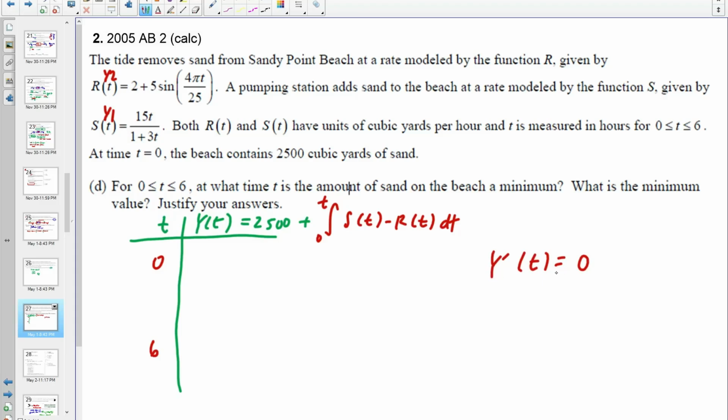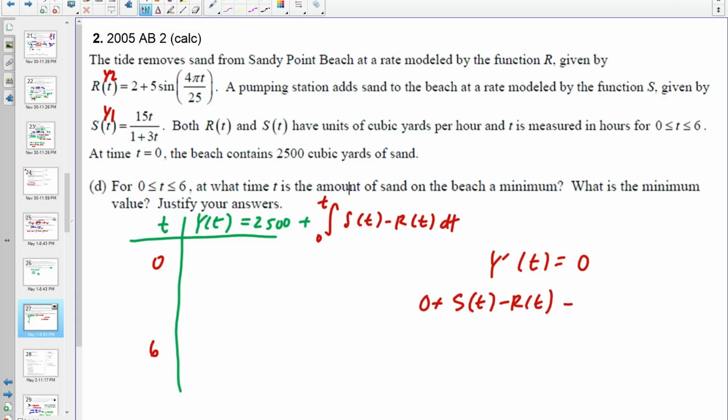But what is the derivative of y? Well, you just take the derivative of this expression here. The derivative of 2500 is 0, plus the derivative of an antiderivative. So that's going to be the derivative of t, which is 1, times plug in the t. So you end up just getting 1 times s of t minus r of t.